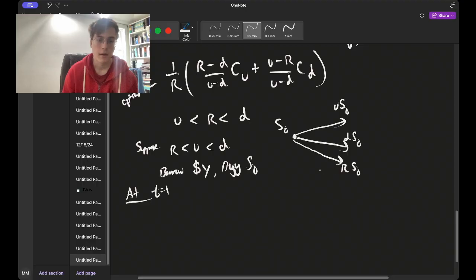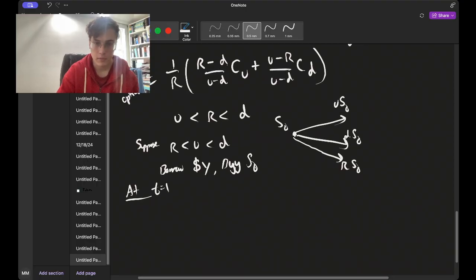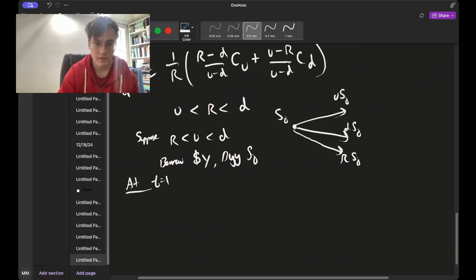Okay, so if this is the case, we borrowed lots of Y, we buy the stock, and in both of these scenarios, since both U and D are bigger than R, then we actually make money, and it's risk-free. We always make money, right?